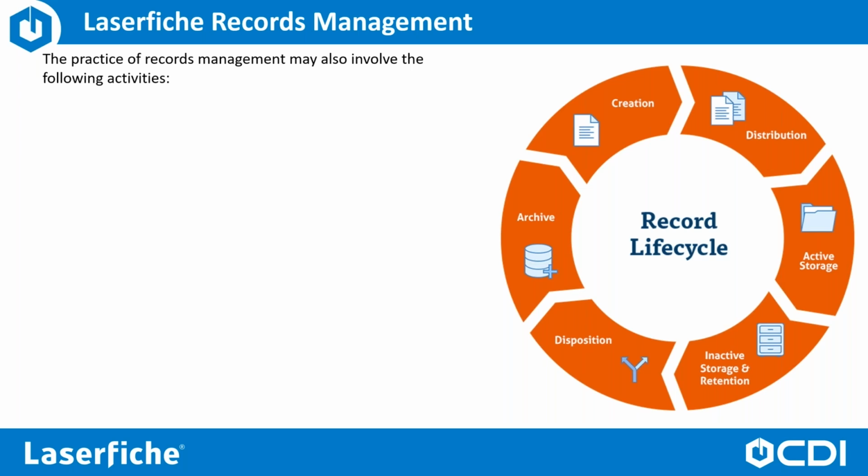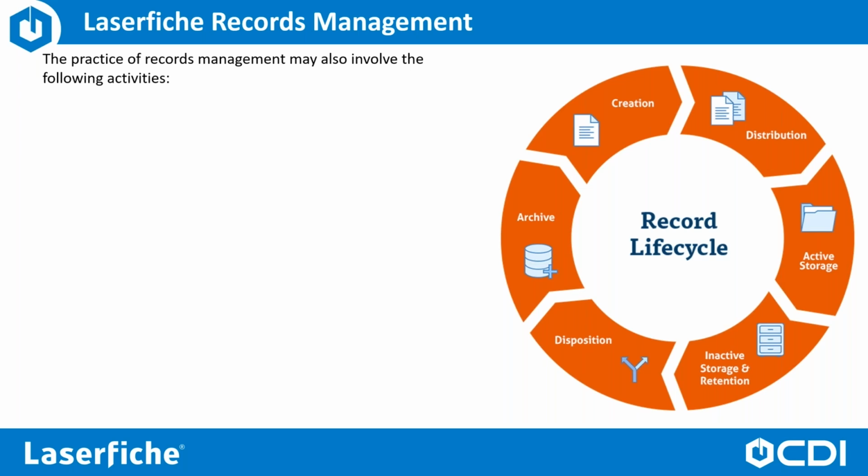Active storage is when the document is an active document, being worked on. The retention schedule hasn't started yet. A good example of this may be a loan in a financial institution. As long as the loan is an active loan, it's not a record yet. It's not in a retention schedule yet, because as you'll see later, there are different types of record schedules, and this one would be what's called an event-based schedule.